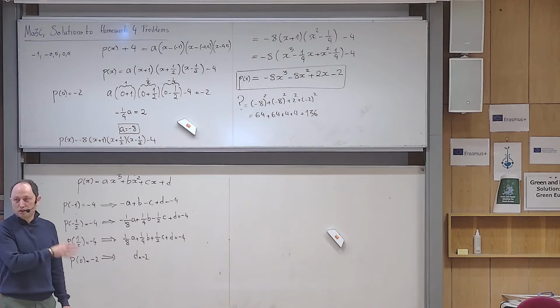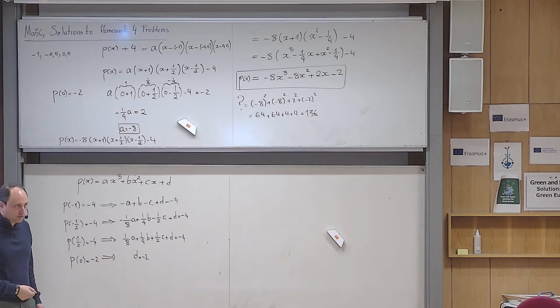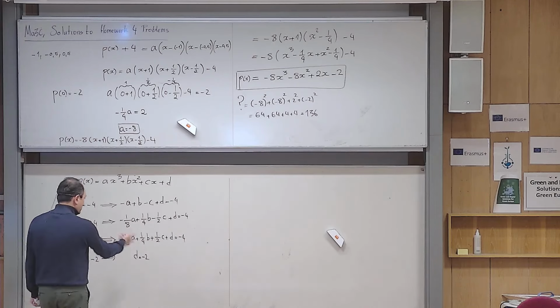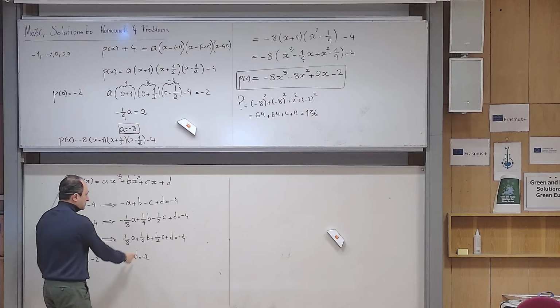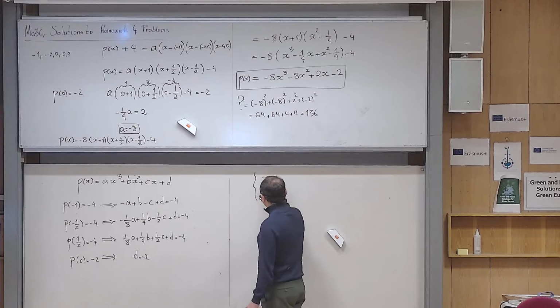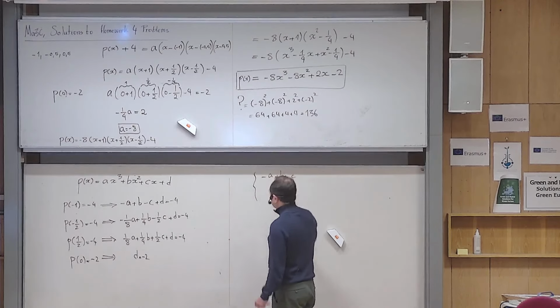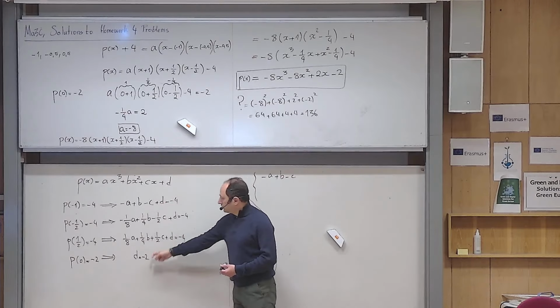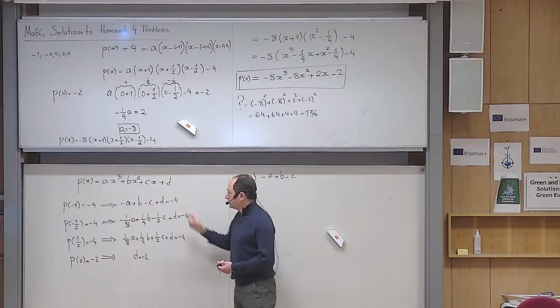Even if you were writing it in the exam, you would get the full points, but it is not that useful. Let us try to see. Let us do something in our head. So what happens to the system? This becomes -a plus b minus c. Instead of d, I put -2 and I move -2 to the other side.